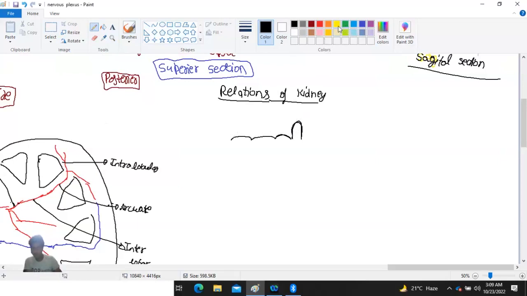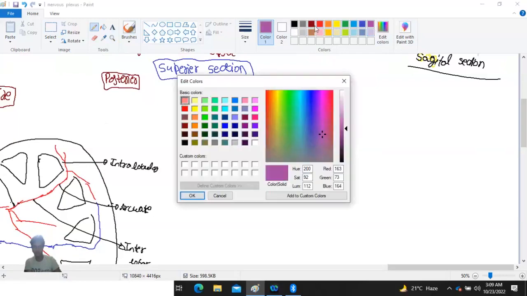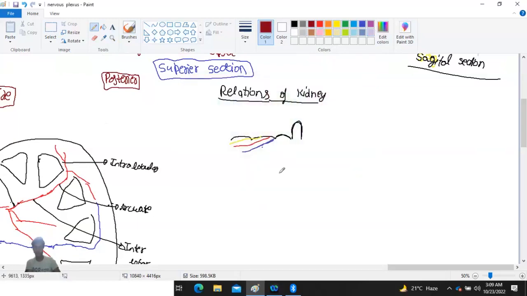So here we know subcostal vessels emerging. These are the posterior relations, and the subcostal nerve. And here is the muscle present. This is a muscle called psoas major.